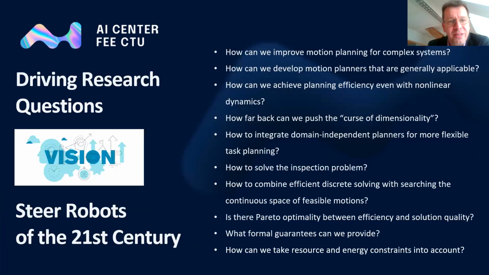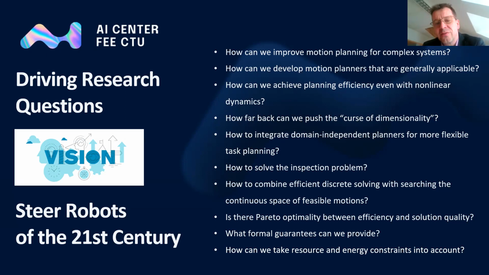So the driving research question in this area is how can we improve motion planning for complex systems? How can we develop motion planners that are generally applicable? How can we achieve planning efficiency even with nonlinear dynamics? How far can we push the curse of dimensionality? How to integrate domain-independent planners for more flexible task planning, how to solve the inspection problems, how to combine efficient discrete solving with searching the continuous space, and so on and so on.